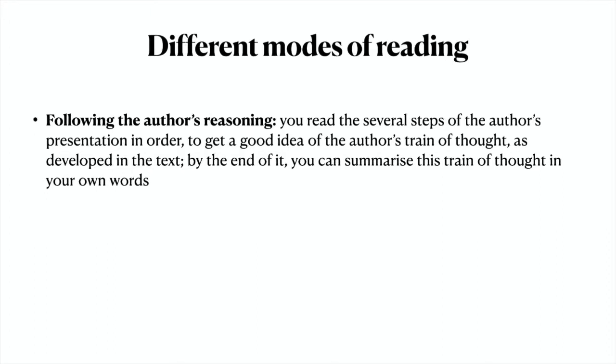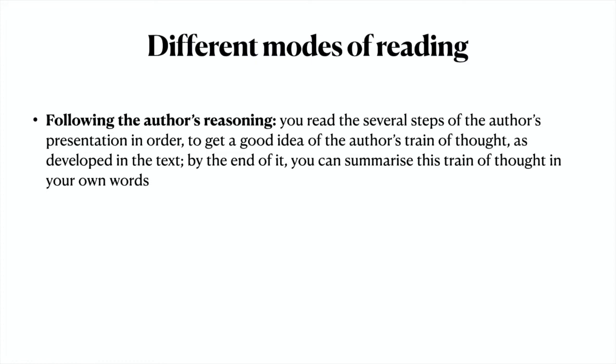Often you want to know a little bit more about a text. So often this skim reading or superficial reading doesn't really help you if you want to engage with the text in any serious way. The best way of getting a good sense of what's going on in a text is what I call following the author's reasoning.